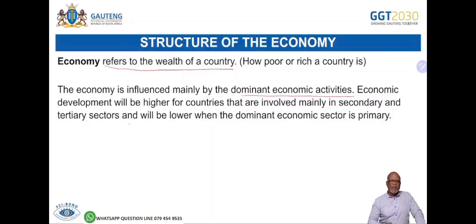So if a country specializes in finished goods, not raw material, it's going to make more money. And if it specializes in services, it will also make more money because of the value of the services and the products that they are selling.